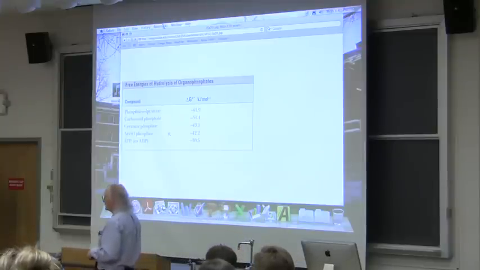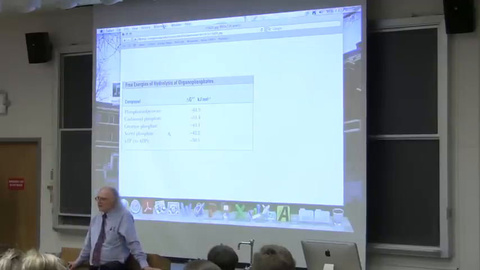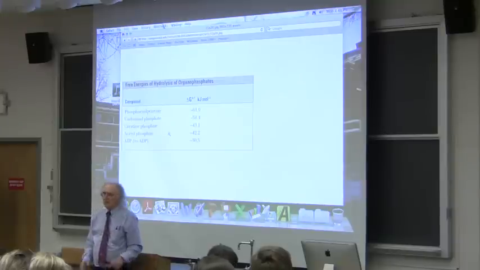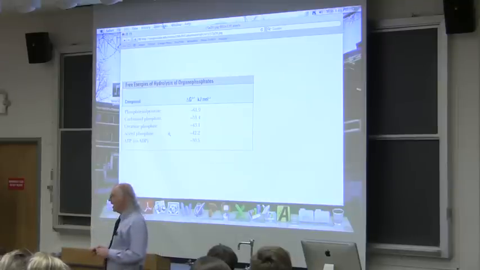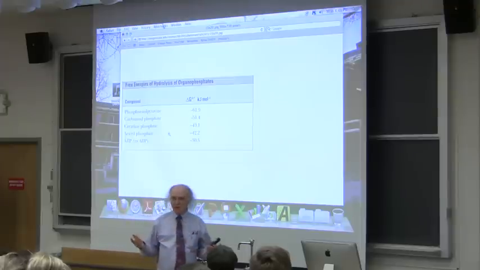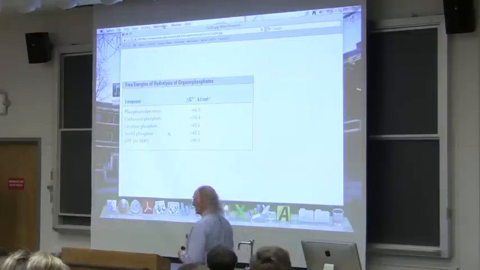I'm coming back to delta G. If the delta G0 prime is equal to minus 30.5, and I have equal concentrations of products and reactants, which way is the reaction going to go? Forward, meaning that ATP is going to break down into ADP. Minus 30 is a very high value for delta G. That means it goes bang. It really goes forwards.